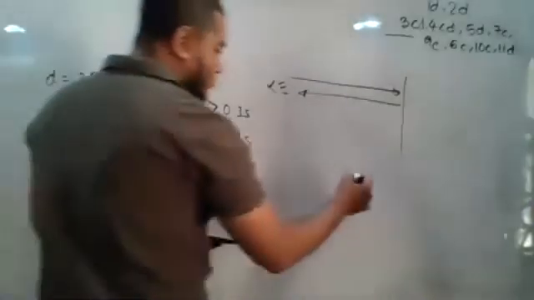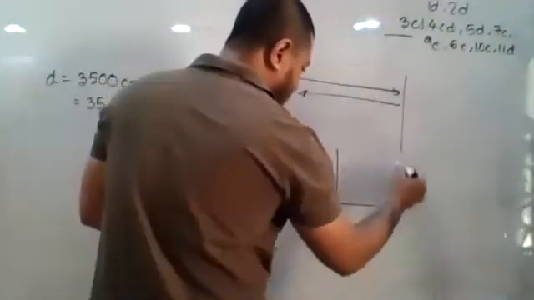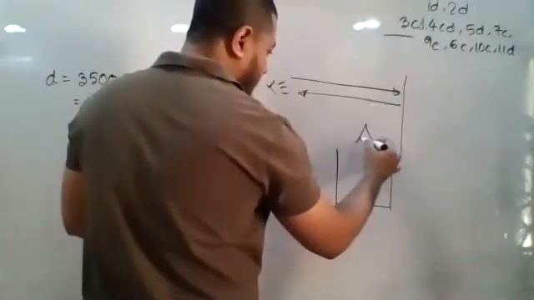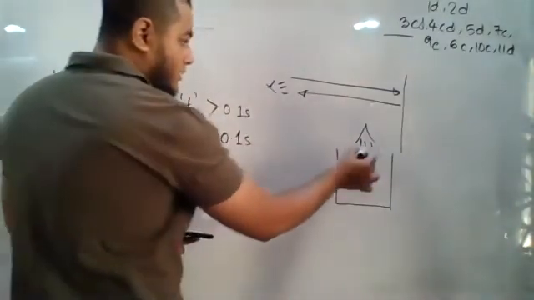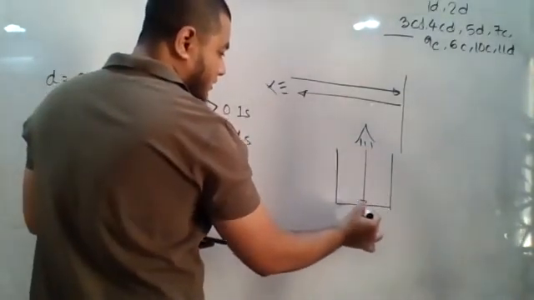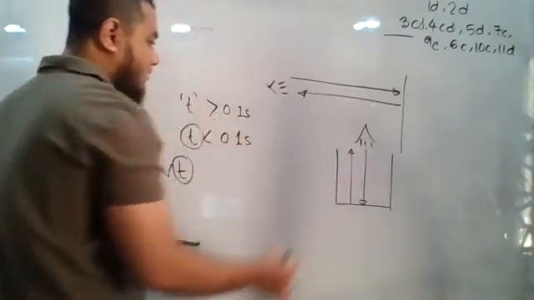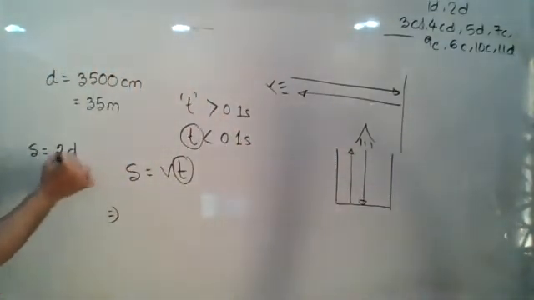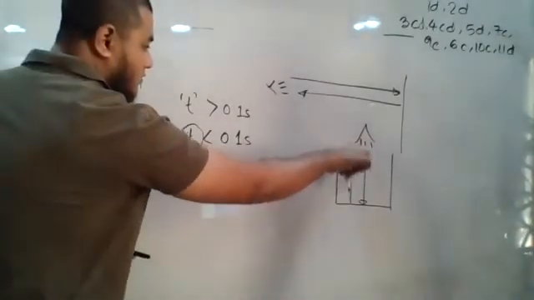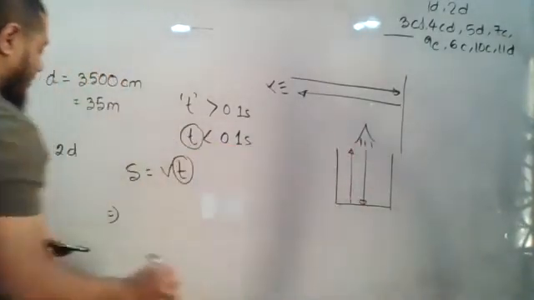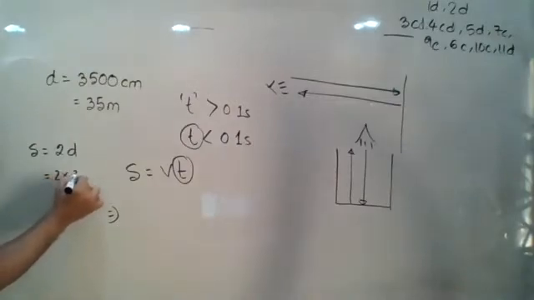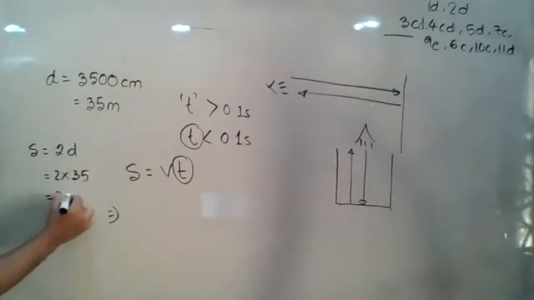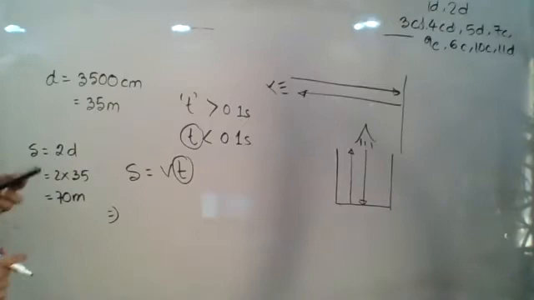So when you produce a sound, okay, from here, it will travel this distance and come back again. That means the distance s it will cover is twice of the depth of the well. It will travel the depth once and then it will come back. So 2 into 35, the value of s is 70 meter.